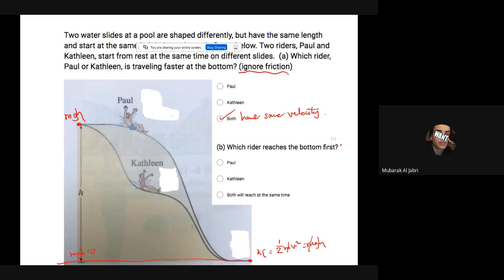They both start at the same height, h. But Kathleen stops at this point. Kathleen won't have the same acceleration of 9.8. Why not? Because something is preventing it, like the surface. No, but Kathleen is still going down.